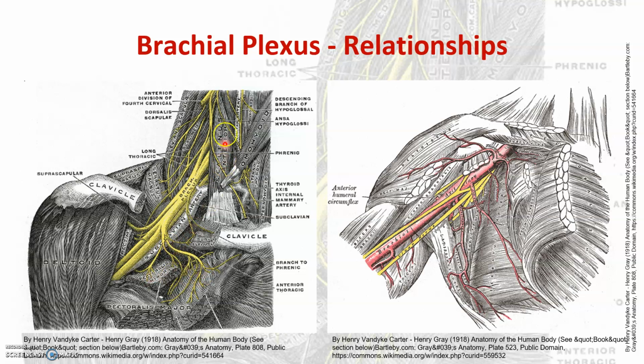So this is the level of the roots, just behind scalenus anterior. Then we have the trunks and the divisions, and then the cords. And here we can see the close relationship between the cords and the axillary artery.